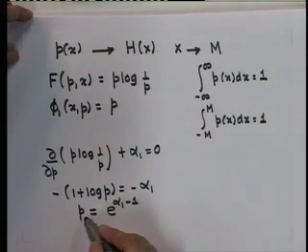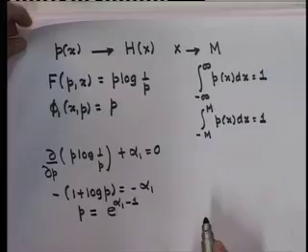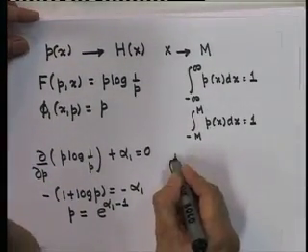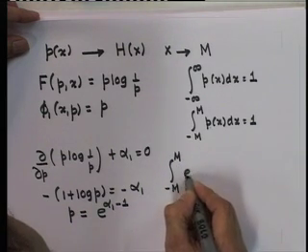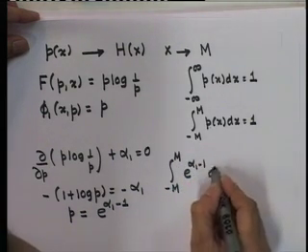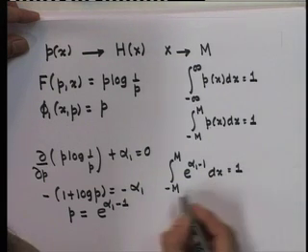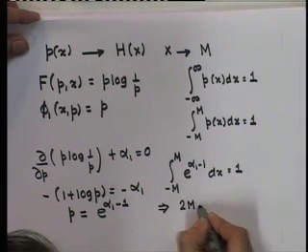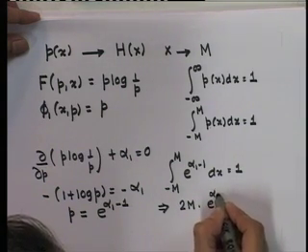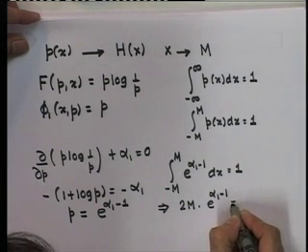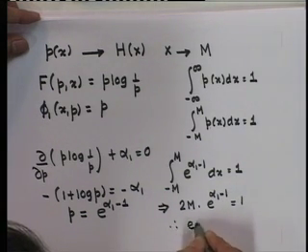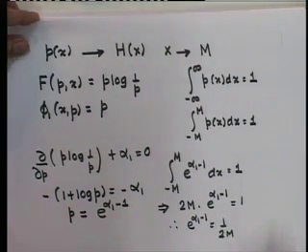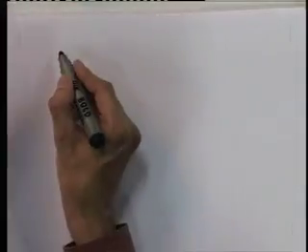So, if we substitute the value of p x in this equation, we get 2 m multiplied by e raised to alpha 1 minus 1 is equal to 1. Therefore, e raised to alpha 1 minus 1 is equal to 1 by 2 m.